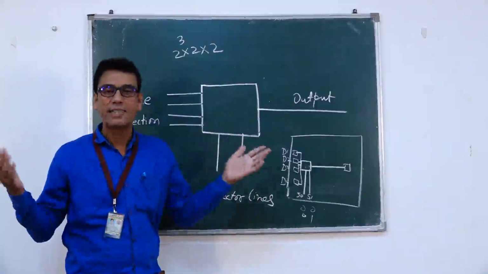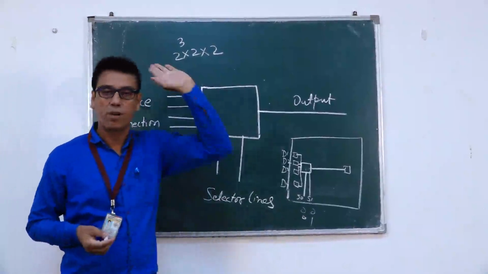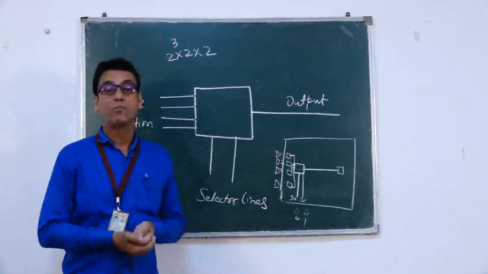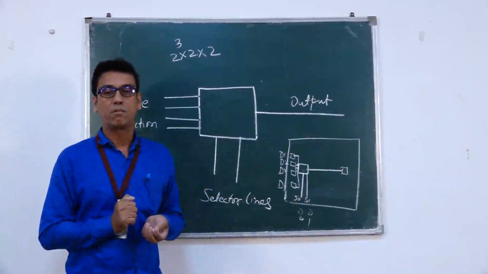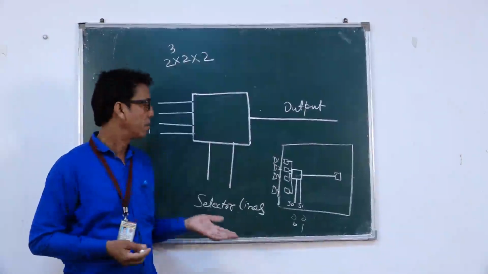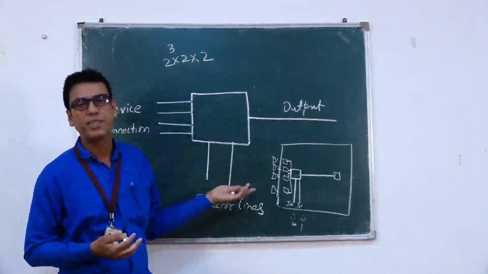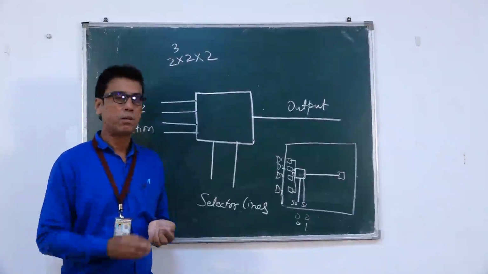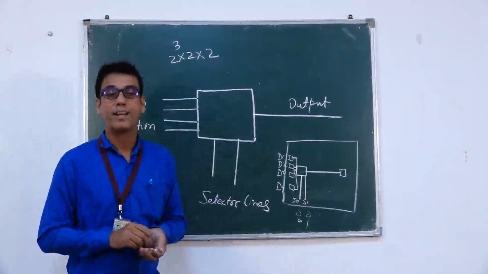When more than one device needs to send the data to a particular destination, laying down more than one wire, more than one cable, is not a wise decision, because all devices do not always send the data to the destination. Sometimes the first device is sending, another time the second device is sending. That is why the designer uses the multiplexer circuit.